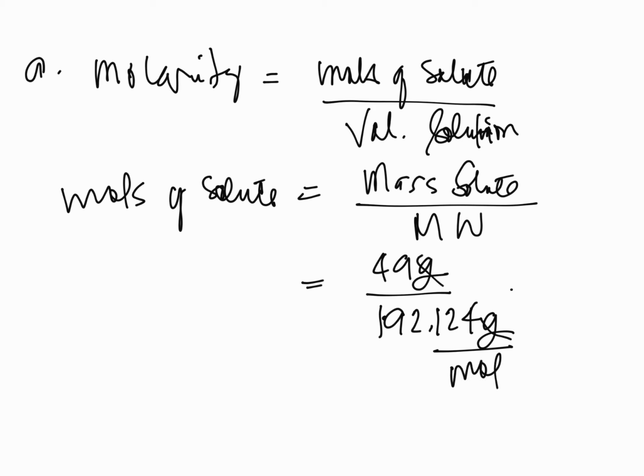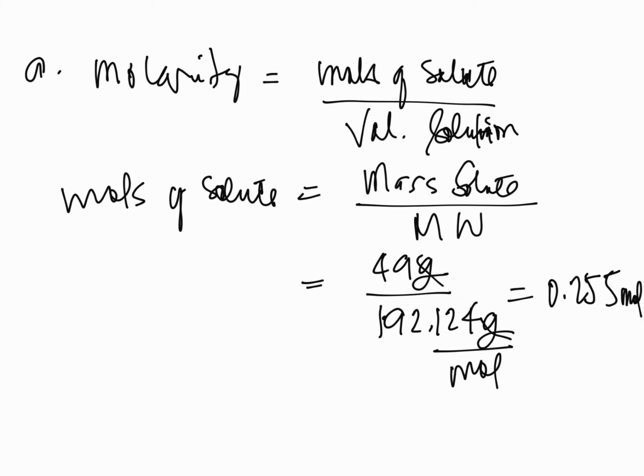So the grams cancel, moles go to the numerator side. If you calculate this, that's 49 divided by 192.124, so this is 0.255 moles.